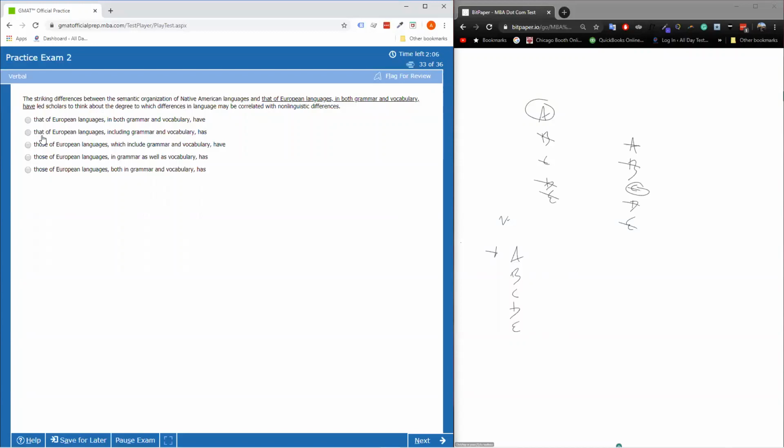Striking differences between the semantic organization and so the differences have. So I think it's going to be A or C based on this.